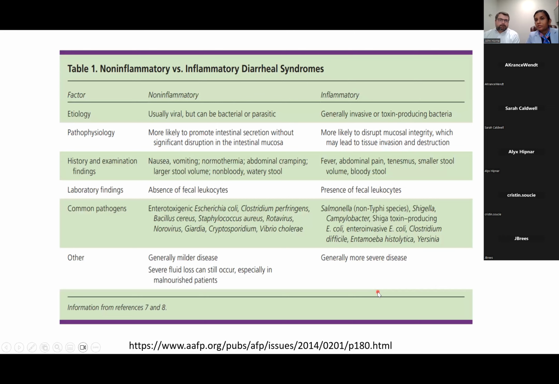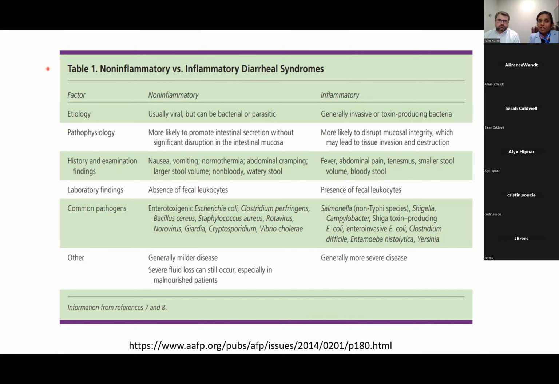So in this chart, there are lots of different diarrheas. We talked about bacteria, parasites, viruses, right? So they want us to think about, when we have diarrheal illnesses, how does our colon feel? Inflammatory versus non-inflammatory. They say if it's non-inflammatory, it's usually viral, but can sometimes be bacterial or parasitic.